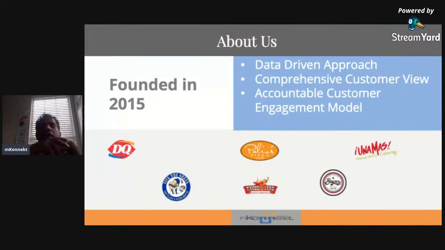We started the company in 2015 as a data-driven restaurant marketing platform. What that means is we focus on restaurants, and we are focused on customer engagement, where we have come up with what we call the A to A model.